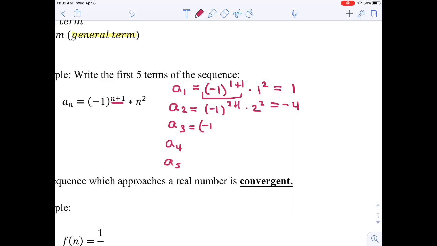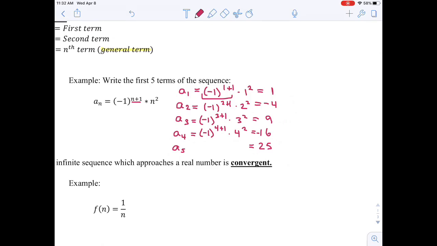Maybe go on to where n is 3, -1 to the 3 plus 1 times 3 squared. 3 squared is going to give us 9, and that -1 becomes positive, so it's 9. Go on to the fourth. You might have caught on to what this pattern might be. -1 to the fifth is going to be a -1 times 4 squared, 16, so it's going to be -16. And if you caught on, all we're doing is going through our perfect squares. And they're alternating positive and negative because that -1 sometimes becomes a positive 1, sometimes a -1.